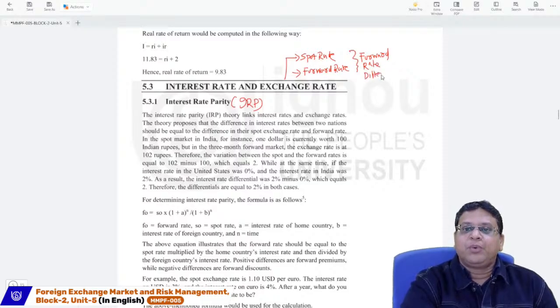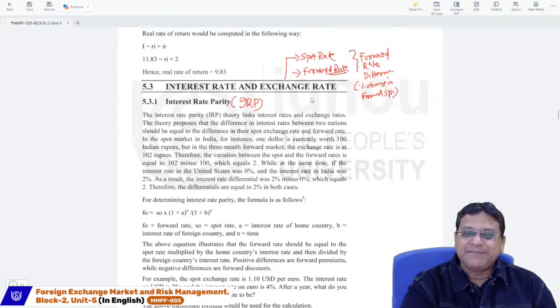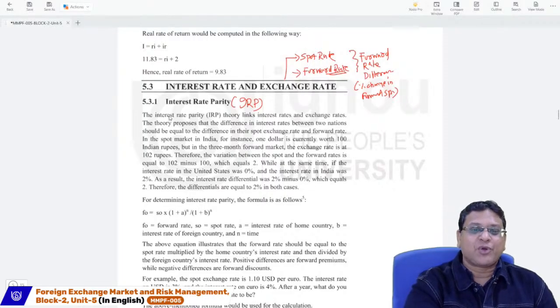How to calculate forward rate differential? Forward rate differential means the percentage change between forward rate and spot rate. So that is forward rate differential. The forward rate differential and interest rate differential must be the same. That is the crux of interest rate parity theory.